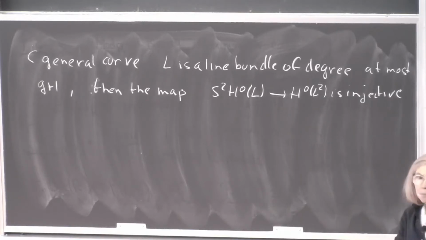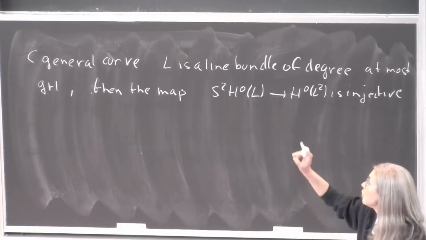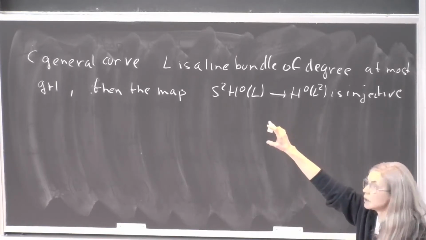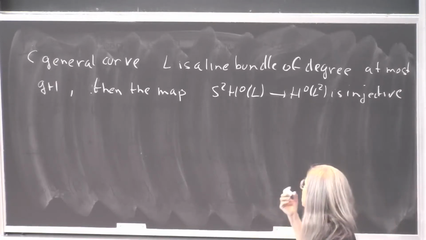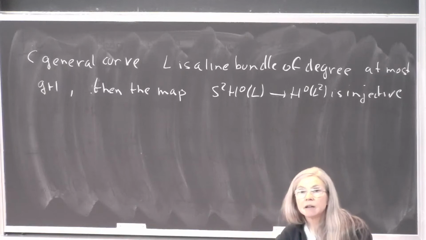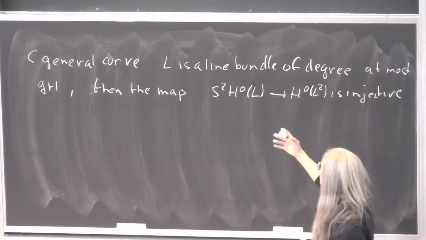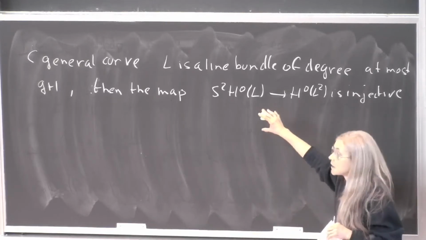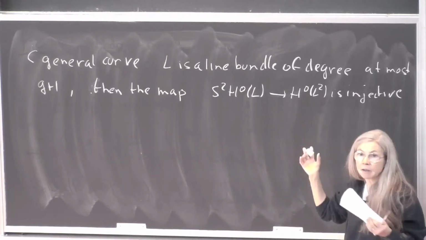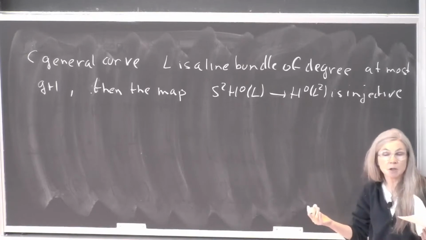Now, the method of proof is very similar to the method that was used to prove, for example, the Petri conjecture. What we need to do is prove something for a general curve. That condition that we are writing here is an open condition because we are asking a map between vector spaces to have the largest possible rank.